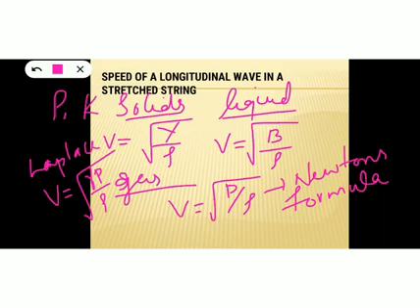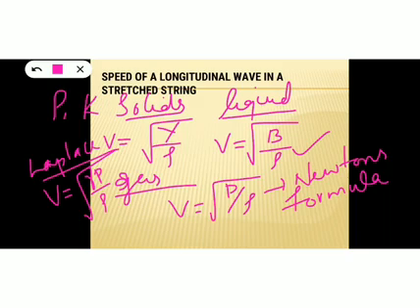We will discuss more about this in the chapter on thermodynamics. So this is Newton's formula, v equal to square root of P by rho. Newton derived this formula thinking compressions and rarefactions are isothermal processes. But later Laplace found that this formula is not correct and requires some corrections.